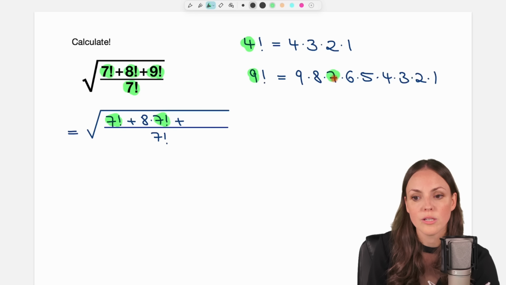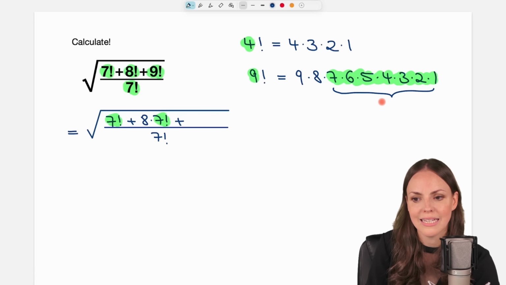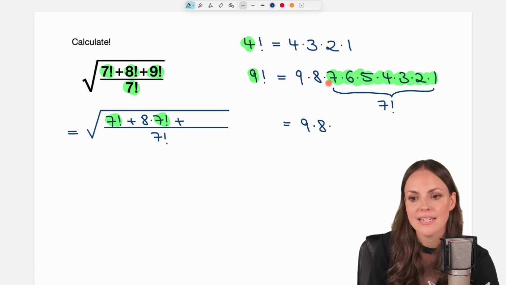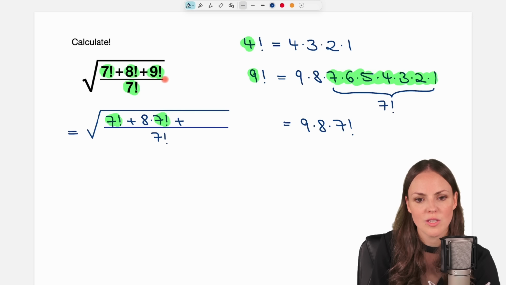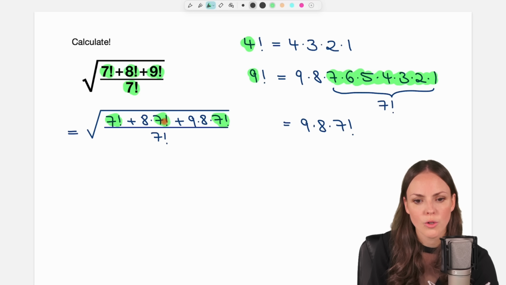And again, if we start with the 7 here, this part is my 7 factorial. So I can write the 9 factorial as 9 times 8 times 7 factorial. And then we can see, aha, 7 factorial is actually in each part of our sum.